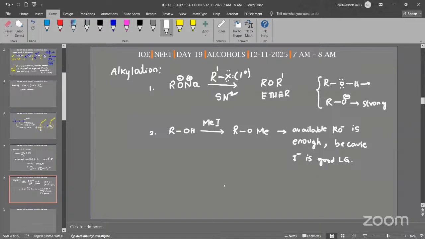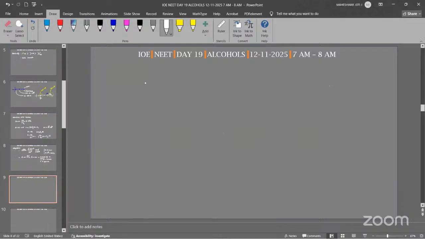Now, let us take another reaction of alkylation, the third one. Again, let us take alcohol. It is allowed to react with dimethyl sulfate, Me2SO4, right?